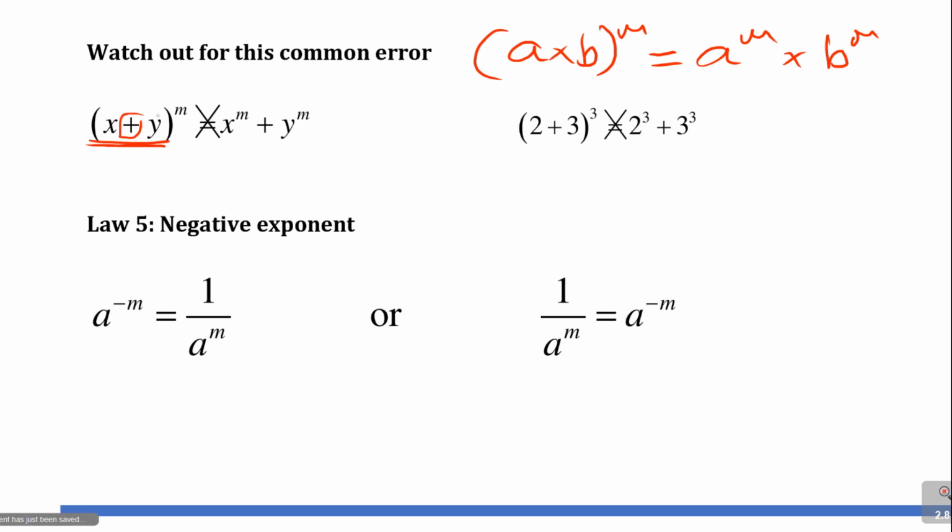When there is a plus, it does not work. A plus b to the power m is not equal to a to the power m plus b to the power m. You see there is a plus. You can't say this is a to the power of m plus b to the power of m.